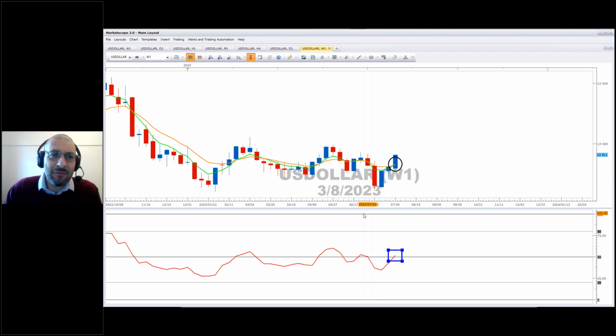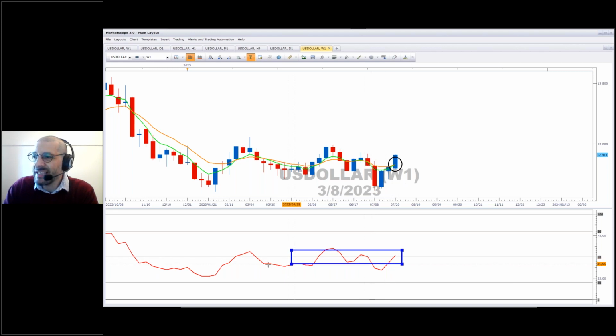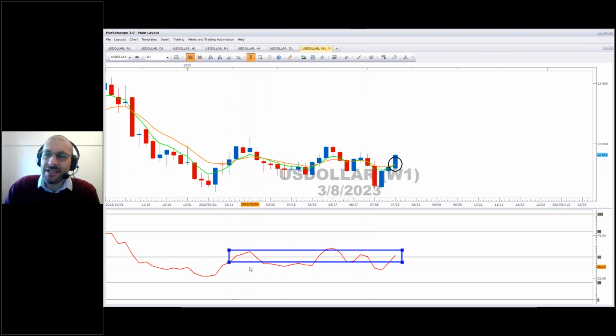If it is sub 50, it's generally regarded as having a bearish momentum. So kicking up to a slightly maybe bullish side. Again, I want to draw your attention to the fact that it's not really biased in terms of its position. It's oscillating around 50. So perhaps more of a trading range here more than anything.